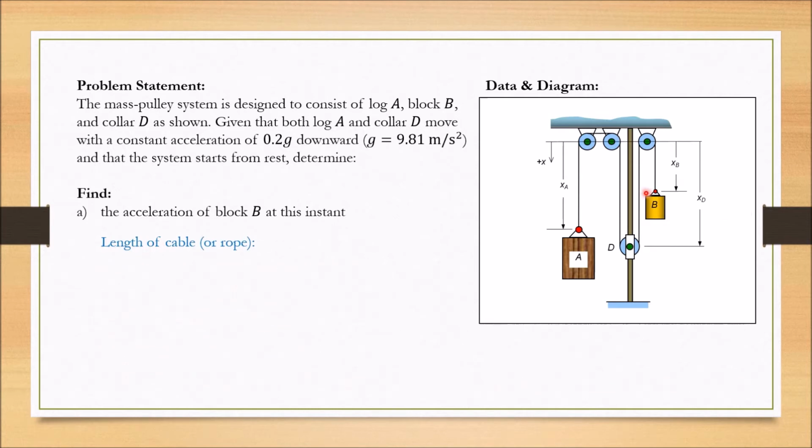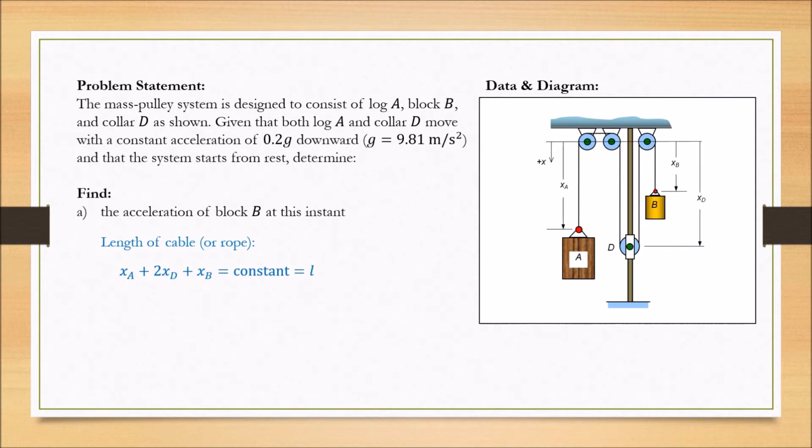First, let's obtain the length of the cable without including the fixed length. If we see this diagram, the length of the cable consists of xA, 2 times xD, and xB. It is constant.